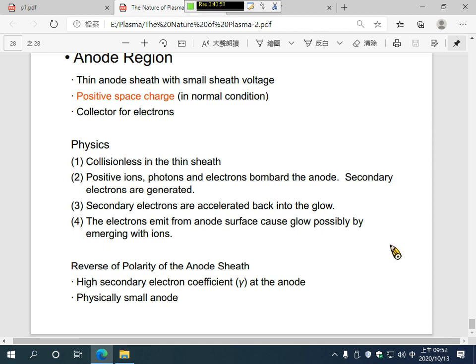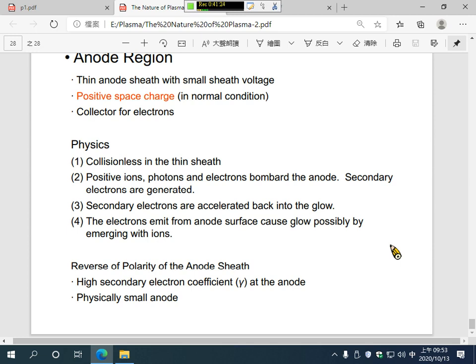So this collision will generate secondary electrons from anode. So actually, anode also generates secondary electrons. And since there's a small positive space charge, these electrons will be pulled out from the anode surface.